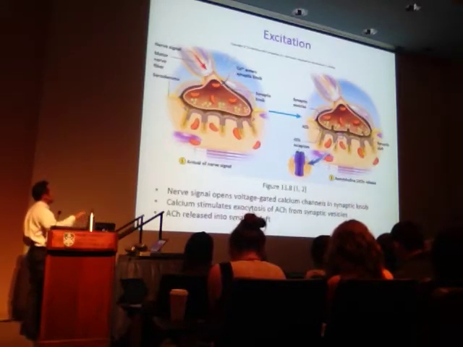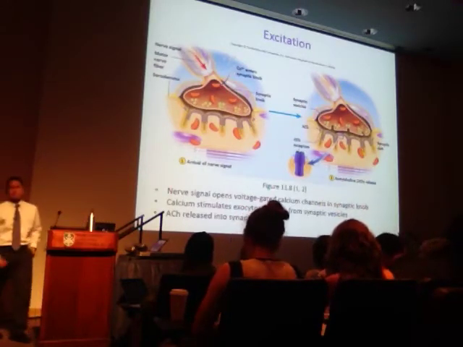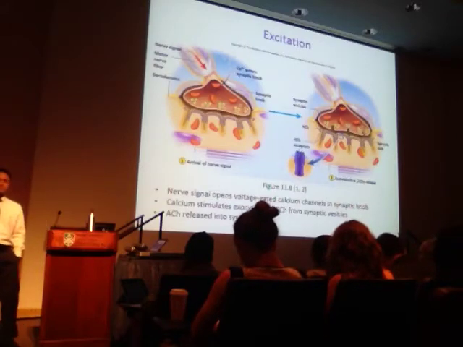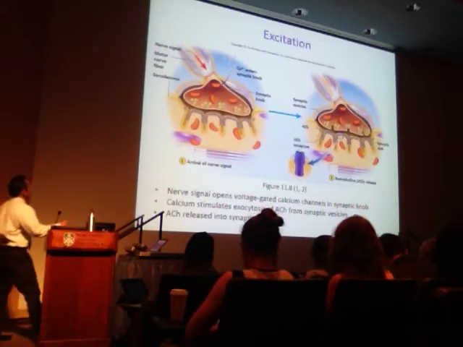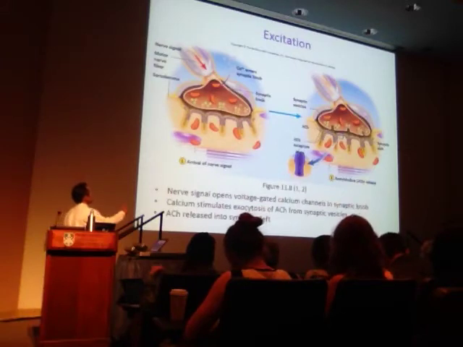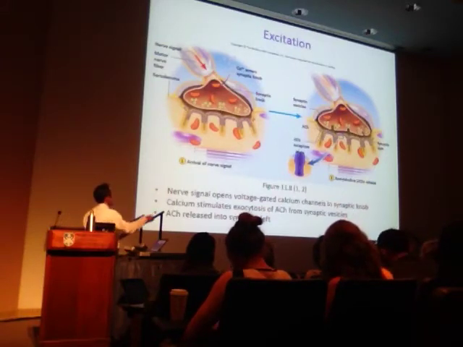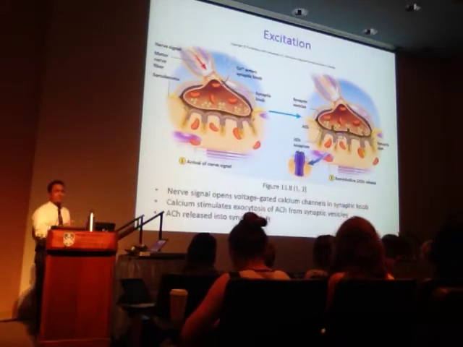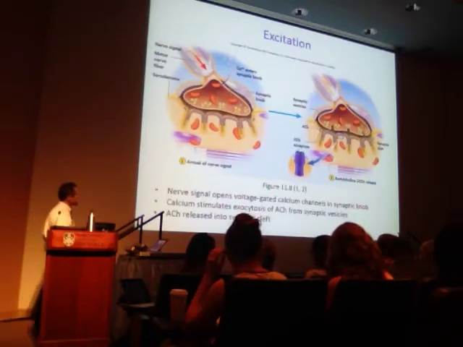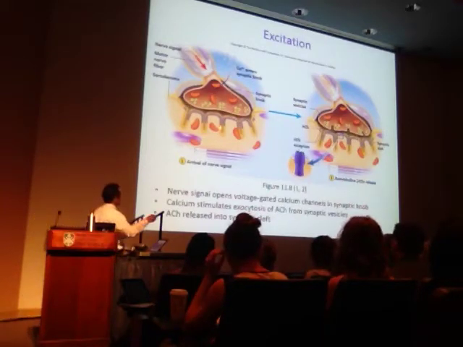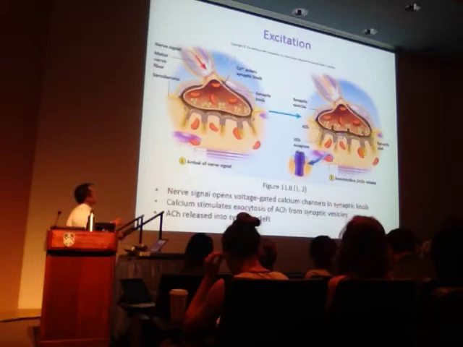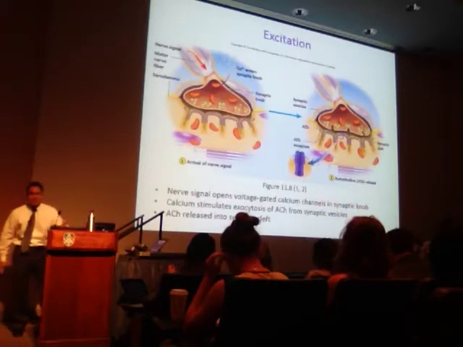So, number 1, we get arrival of the nerve signal at the end of the axon. The details of the neuromuscular junction we went over in a previous lecture at detailed length. And this nerve signal opens these voltage-gated calcium channels in the synaptic knob. That's the end of the axon.